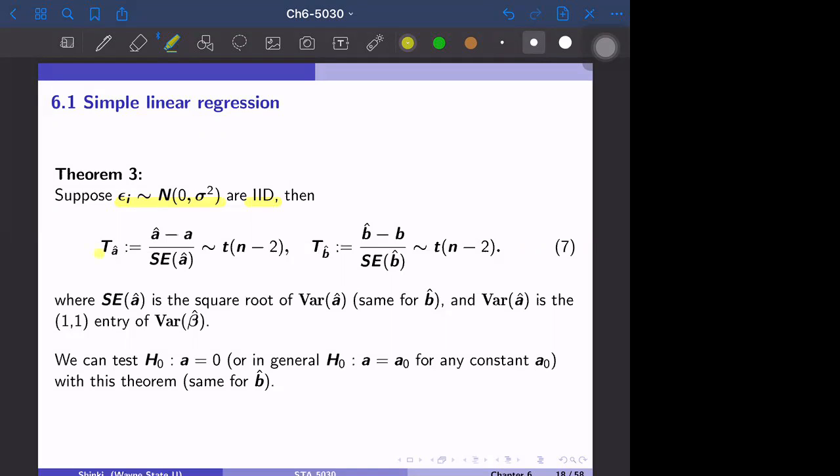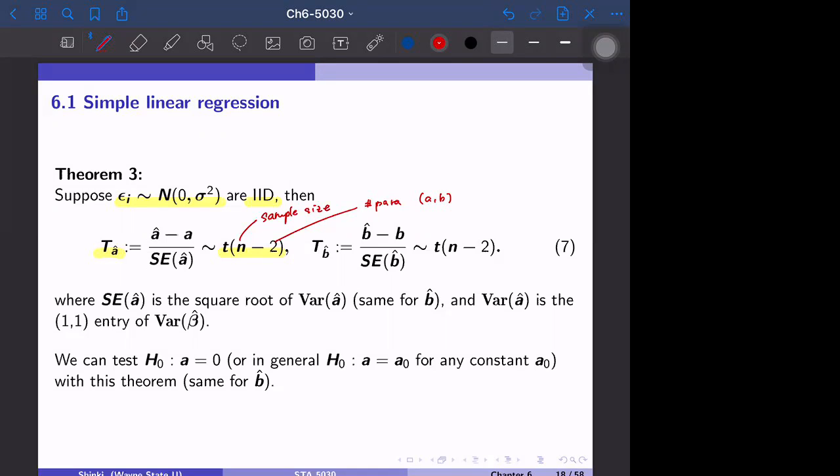Then the statistic T sub A hat follows the T distribution with degrees of freedom n-2. Here, n is the sample size, the number of observations, and 2 is the number of parameters. So we have A and B, two parameters, so T distribution with df n-2.